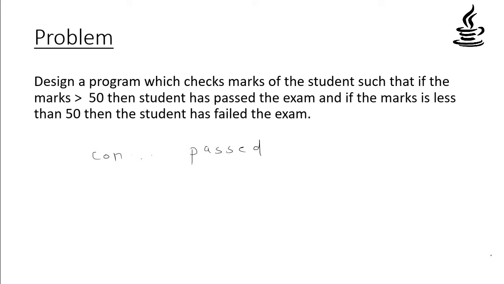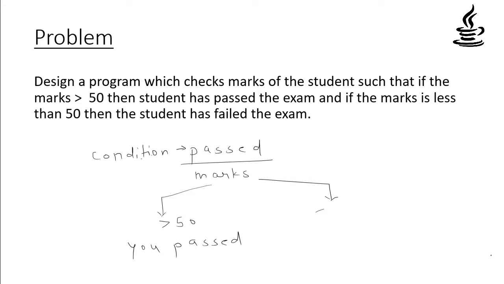And passing of any student is dependent upon the marks obtained. If the marks is greater than 50, then our program will give an output that you passed. And if the marks obtained are less than 50, then our program will give an output: sorry, take the exam again.